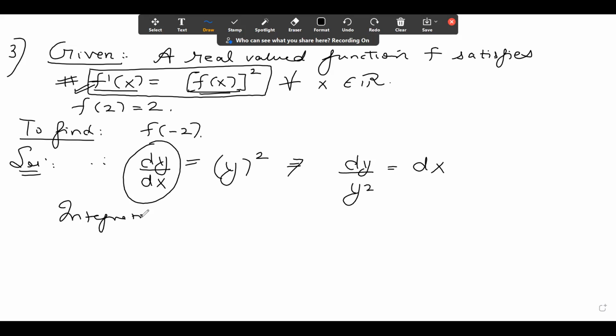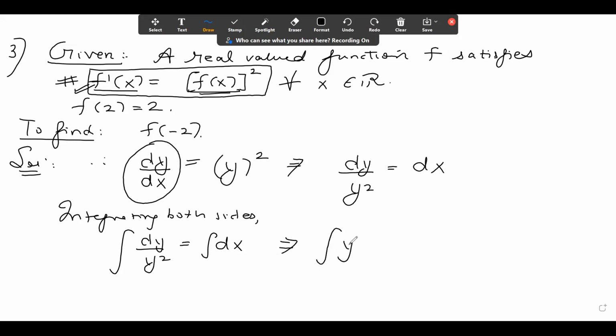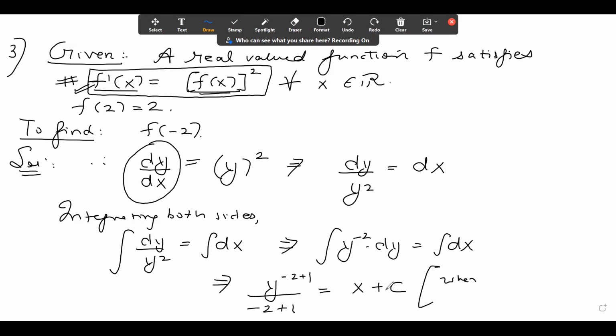Integrating both sides, what do I get? Integral dy by y square is equal to integral dx. This is integral y to the power minus 2 times dy is equal to integral dx, which implies y to the power minus 2 plus 1 upon minus 2 plus 1. Integral of dx is nothing but x plus the constant c, where c is the constant of integration.